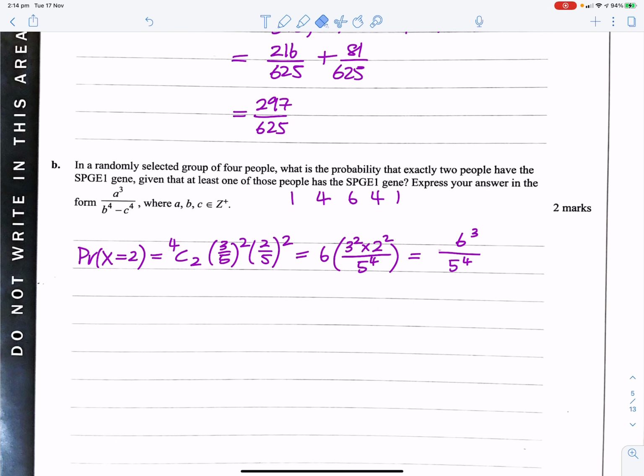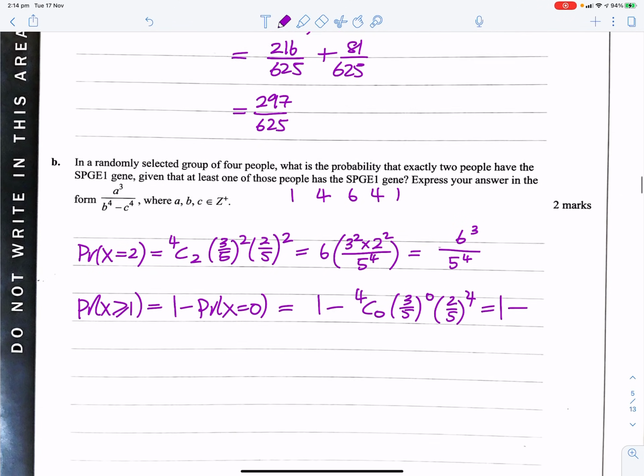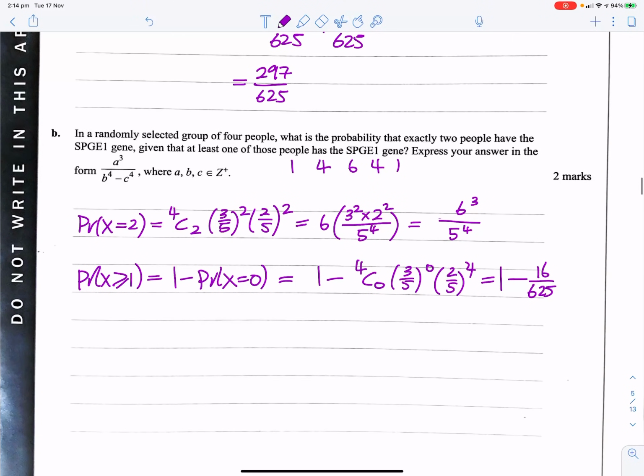Pretty sure. Okay, the probability that x is greater than or equal to 1 is 1 minus the probability that x equals 0, which is 1 minus 4 choose 0, 3/5 to the power of 0, 2/5 to the power of 4, which is 1 minus 16 over 625.